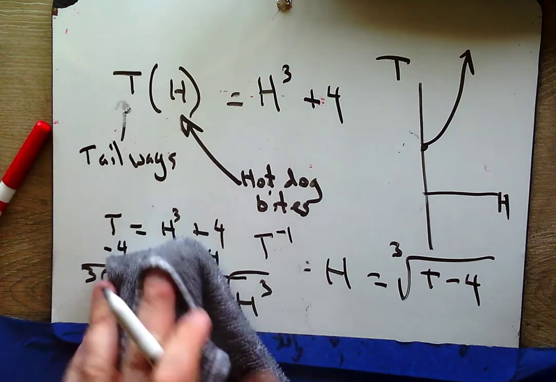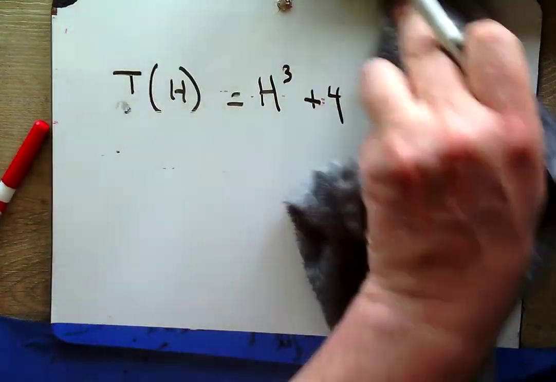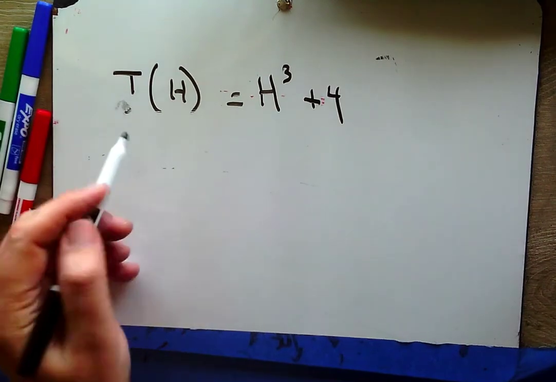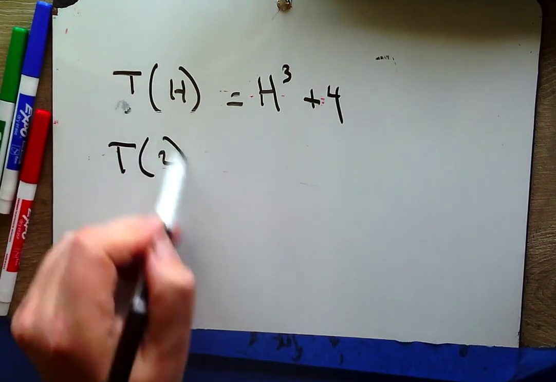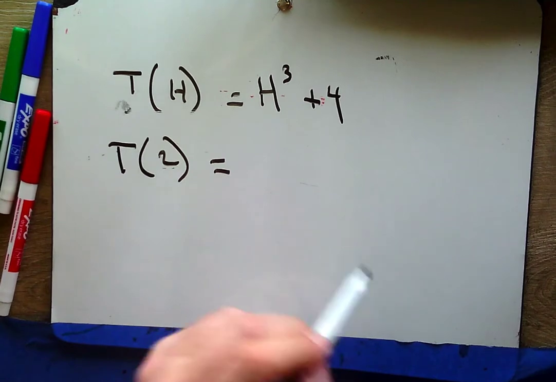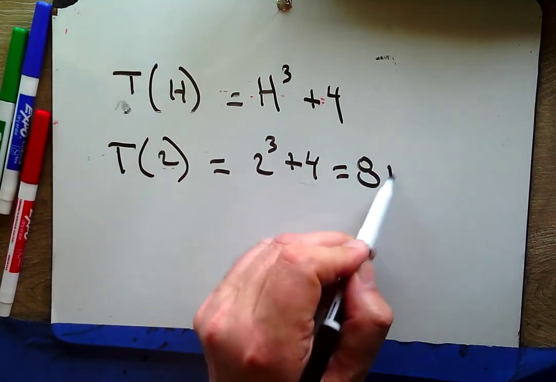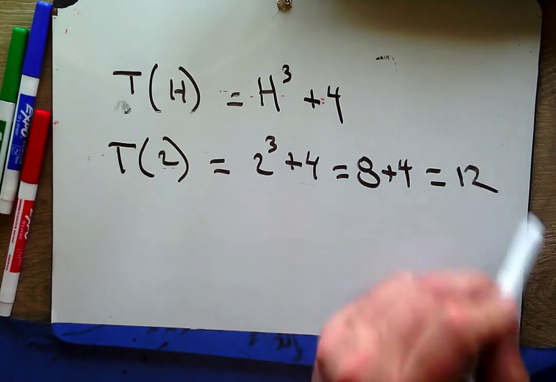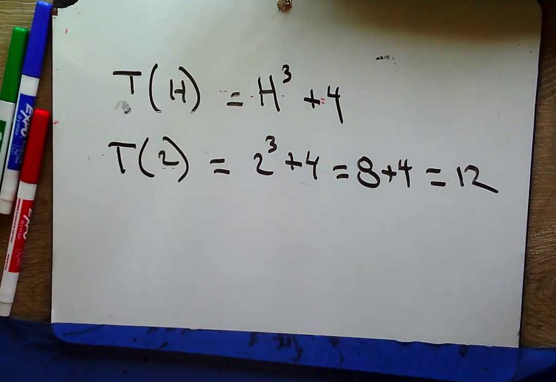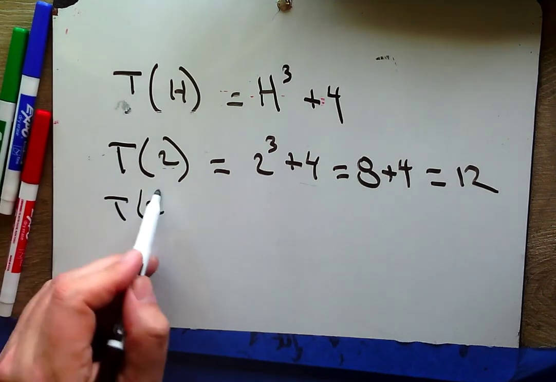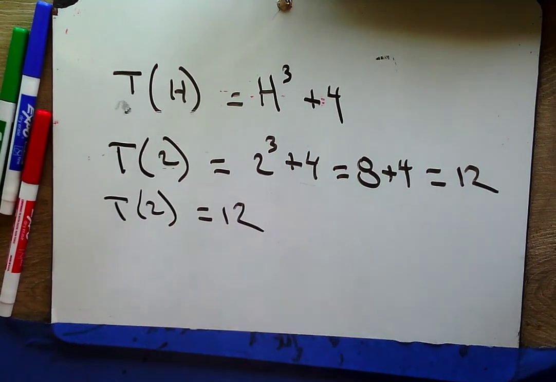So tell me, with all that conversation in mind, what will make sense of this? t of 2. So that's 2 to the third plus 4, which is 8 plus 4, which is 12. What are the units on that? What is the meaning of this algebraically, that t of 2 equals 12?